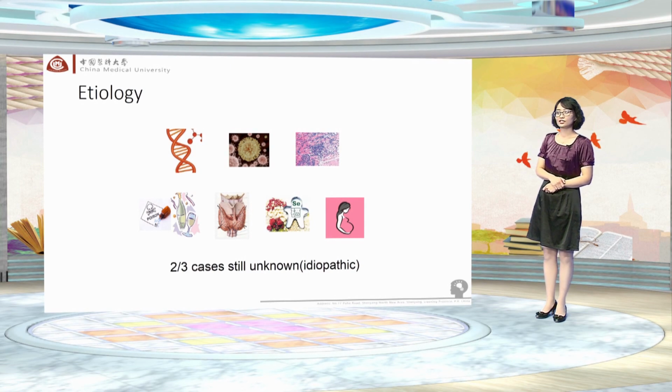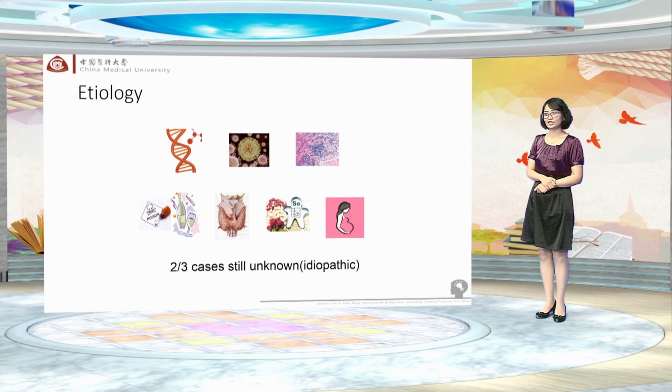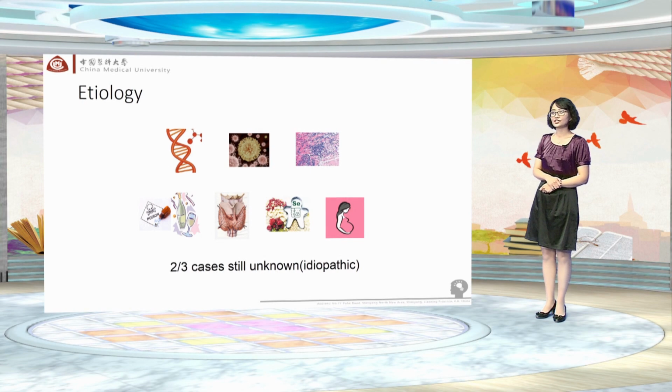The etiology of the dilated cardiomyopathy is diverse. Besides what I mentioned at the beginning, the genetic reason, there are some other causes, including pathogen infection, especially the virus infection, non-infectious inflammation, some toxic agents, for example, high dose of alcohol and chemotherapy.